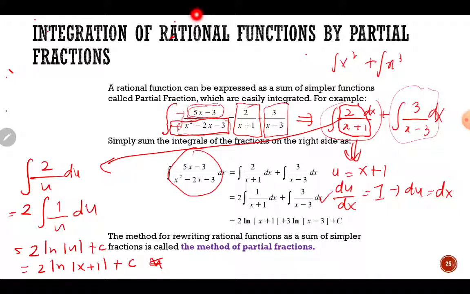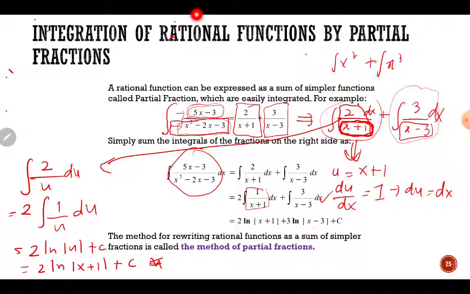Okay, understood? So for using this method, we make the function something over a linear factor, like x plus 1 or x minus 3. When we have a linear factor like that, it is assumed that you understand the integration of 1 over x plus 1 gives ln of x plus 1.